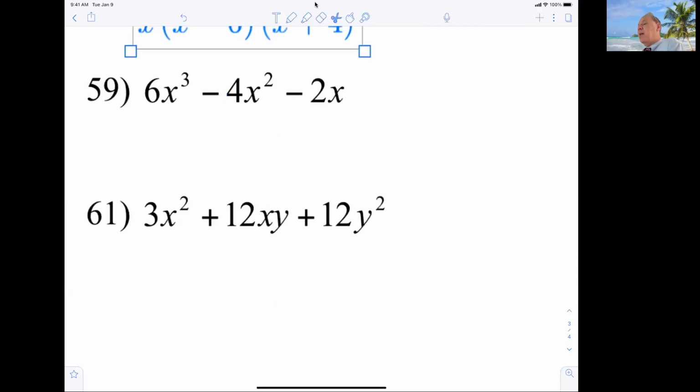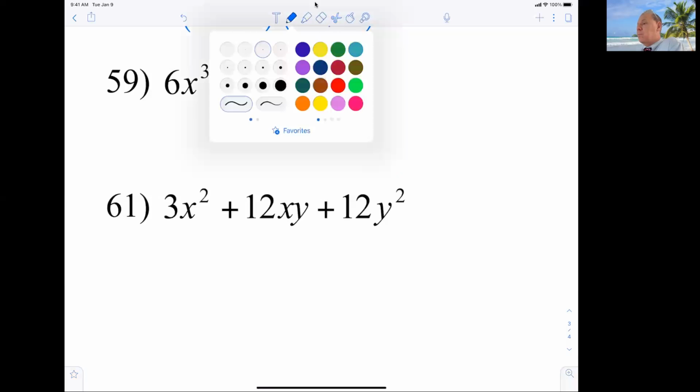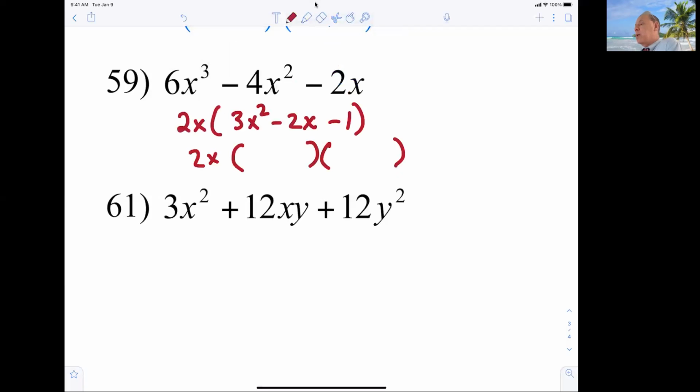All right, 59. What's common? 2x, correct? And then 3x squared minus 2x minus 1. Now you're factoring that.